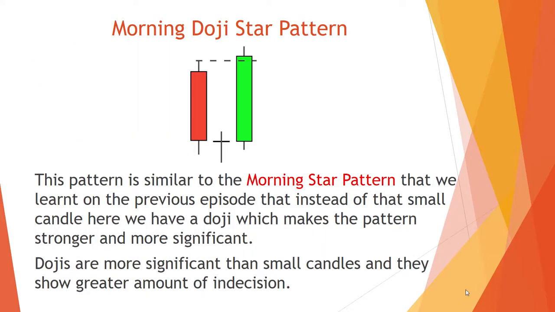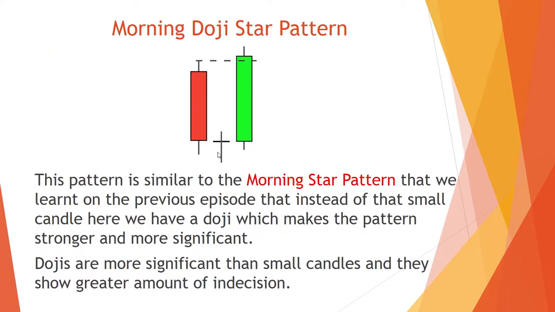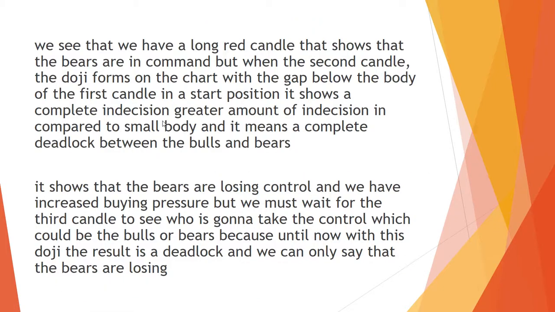It shows that the bears are losing control and we have increased buying pressure, but we must wait for the third candle to see who is going to take control, the bulls or the bears.